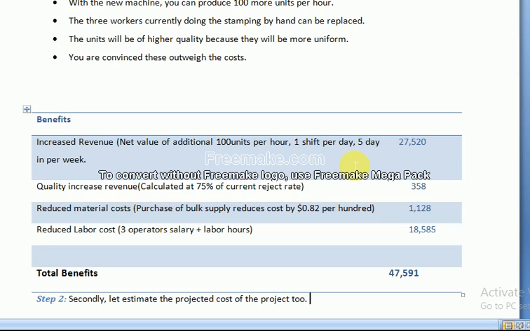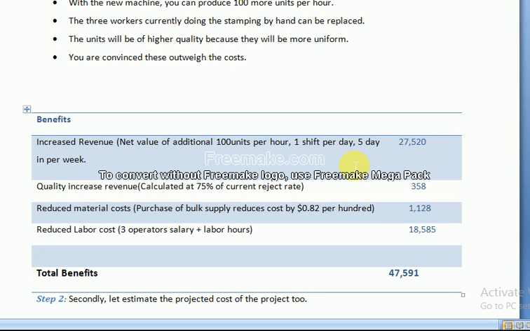The supplier will reduce the prices. So the material cost will be decreased, and we think that our cost will be reduced, let's suppose, per month $1,128. Clear? Okay.